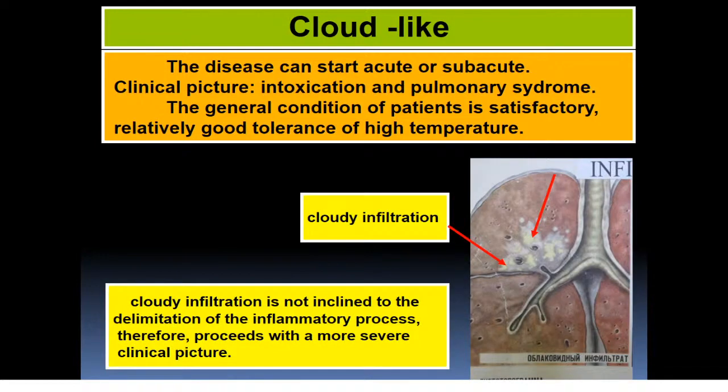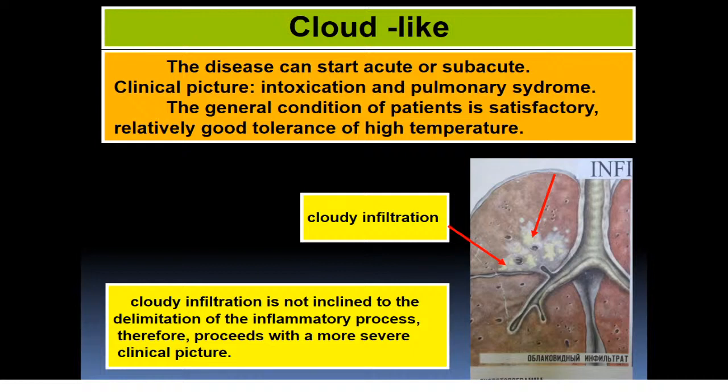Next type of infiltration, cloud-like infiltrate. It looks like a cloud, therefore it has the name cloud-like. The disease can start acute or subacute. Clinical picture: intoxication and pulmonary syndrome.